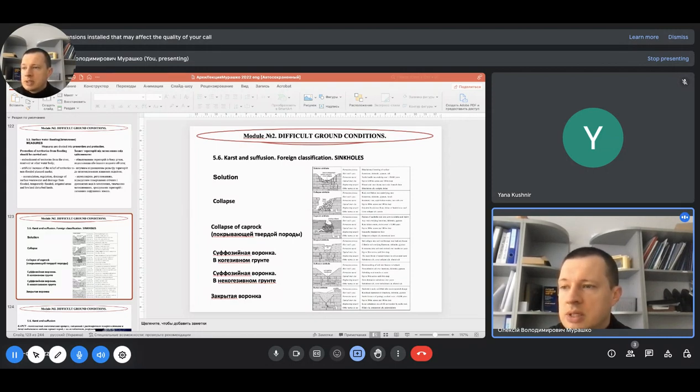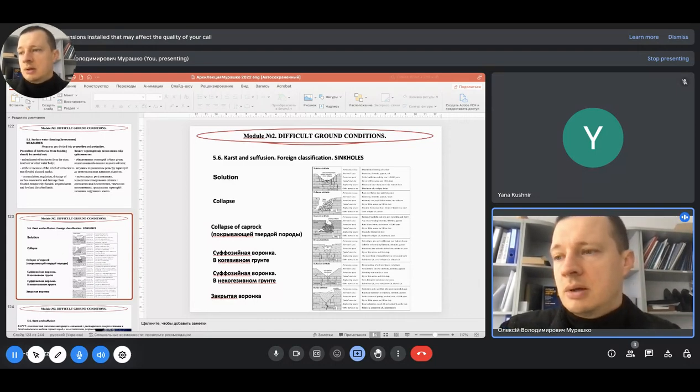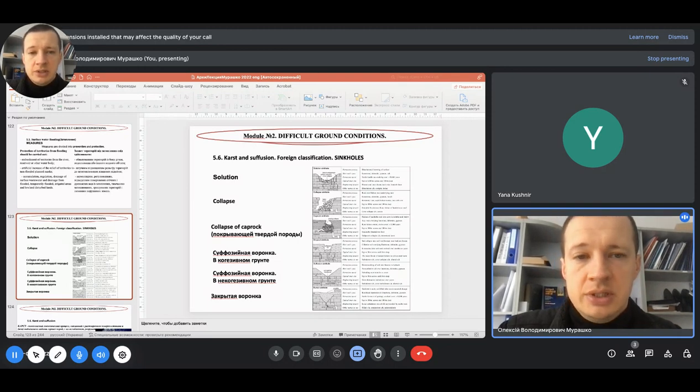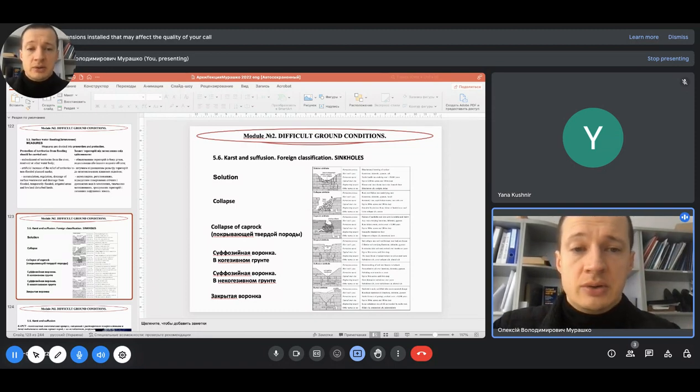You remember in Odessa, such cases are really common when cars fall down into underground sinkholes, and those sinkholes are connected with underground technical waters because of holes in water supply pipes or heating supply pipes. That water dissolves ground, which leads to such sinkholes as we see on this slide.